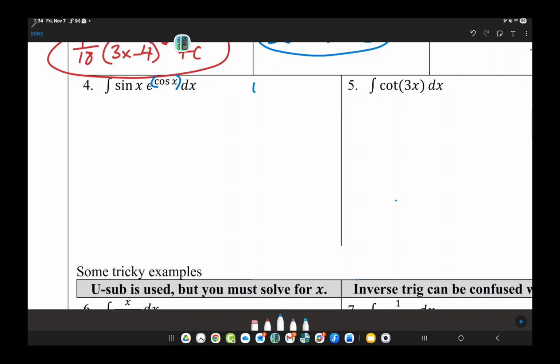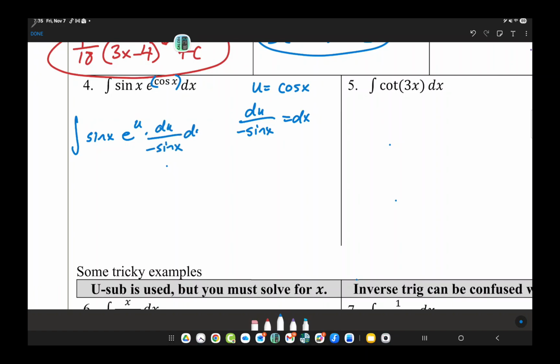So u is equal to cosine x, which means du over the derivative, which is negative sine x, equals dx. So we integrate sine x e to the u times du over negative sine x.